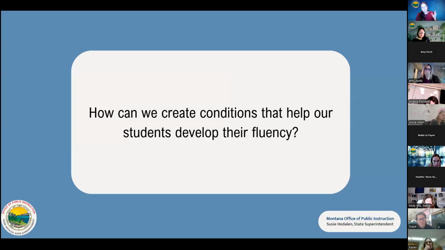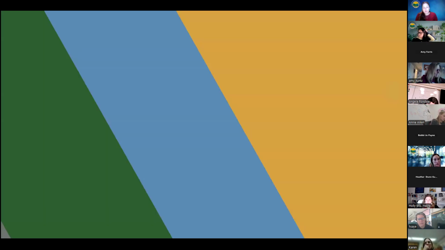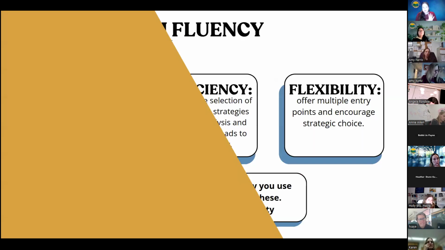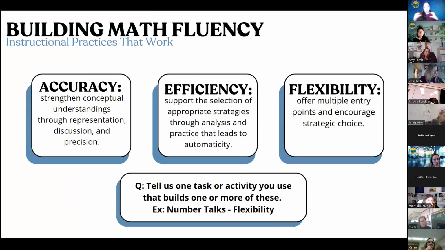So I mentioned that we were going to discuss strategies that we can use in our classroom that will help our students build this fluency when they're lacking it. I'm going to focus in on the foundational pieces first: accuracy, efficiency, and flexibility.